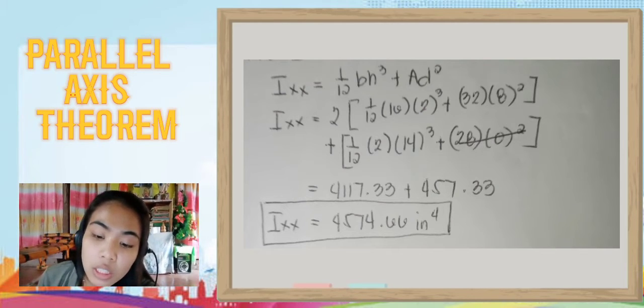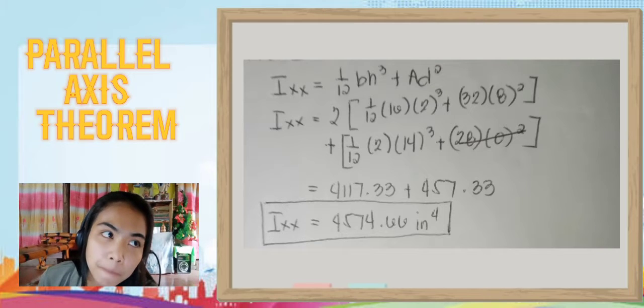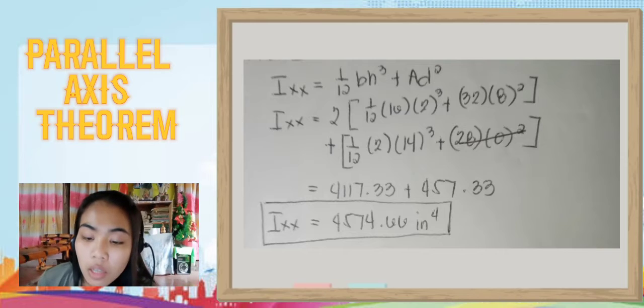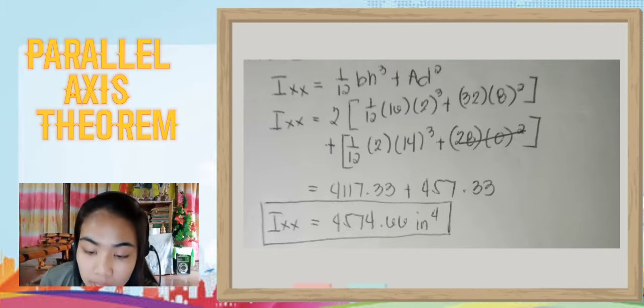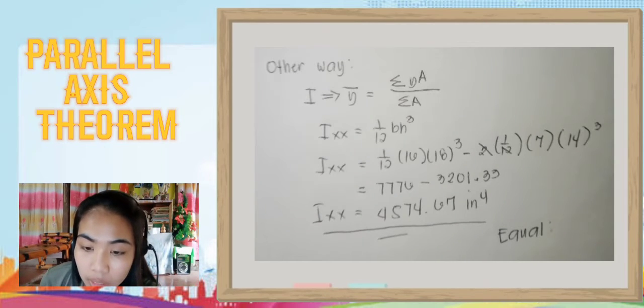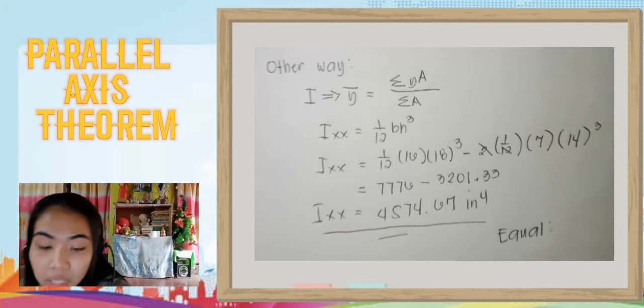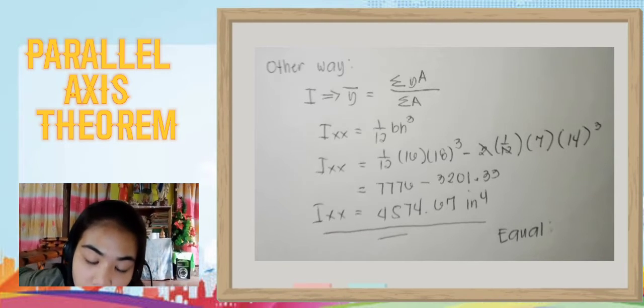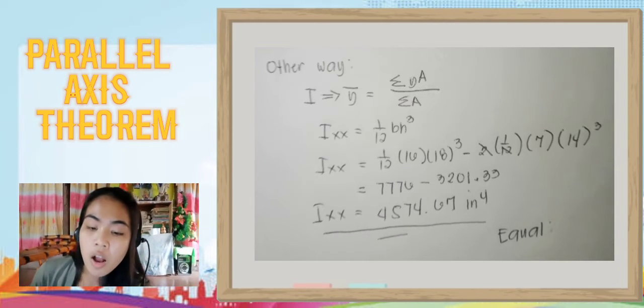So, there is an easy way to get it. The other way is I equals, we will make the IXX become bar X, or bar Y, equal to the summation of Y area over the summation of area.